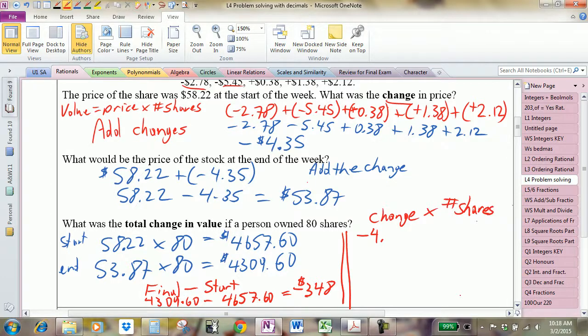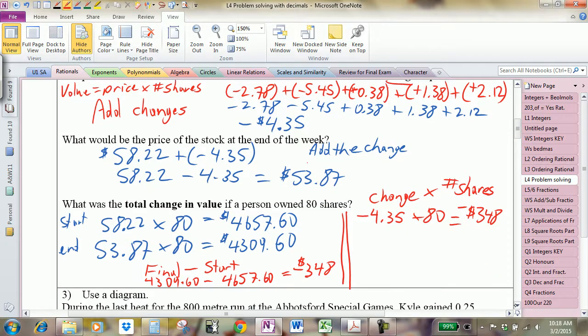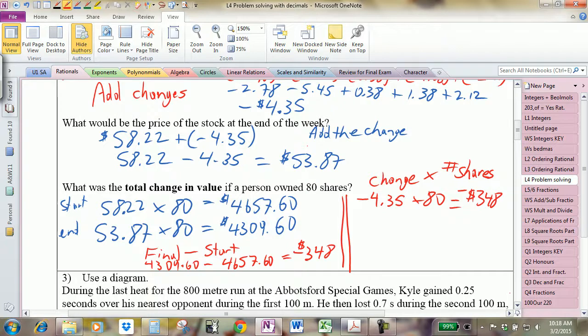So the change is multiplied by how many shares there are. So $4.35 times 80. And that will also equal negative $348. Which is a better way of doing it, but I want to show you both methods so you can see that they do both work out.